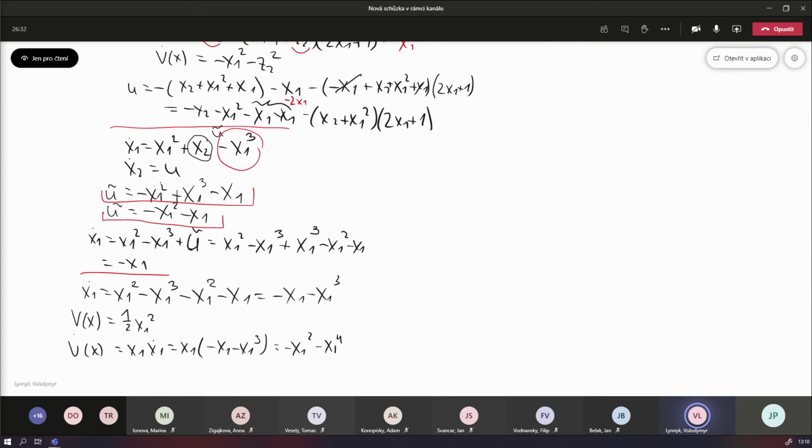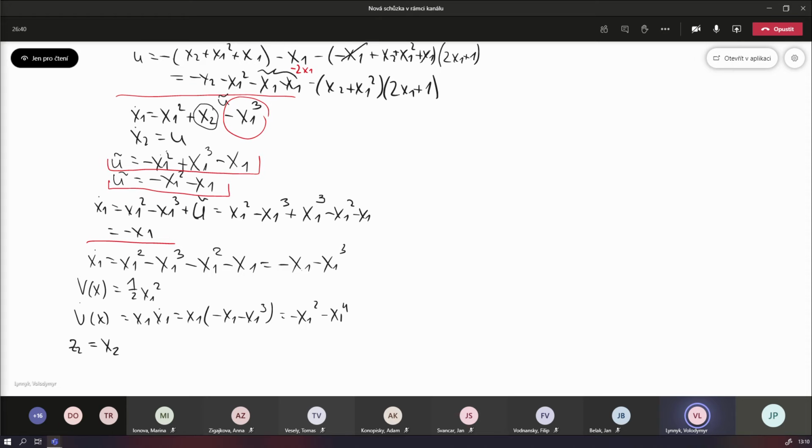And then we make the next step: z2 equal to x2 minus this virtual control u wave, and from this we have x2 equal to z2 plus u wave.